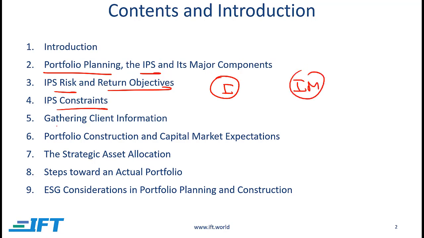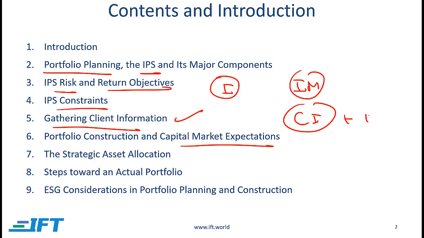We'll talk about gathering client information, and this is crucial because in coming up with a portfolio for an investor, obviously the client information needs to be understood, and this client information needs to be considered in the context of capital market expectations. So we have client information and we consider capital market expectations.